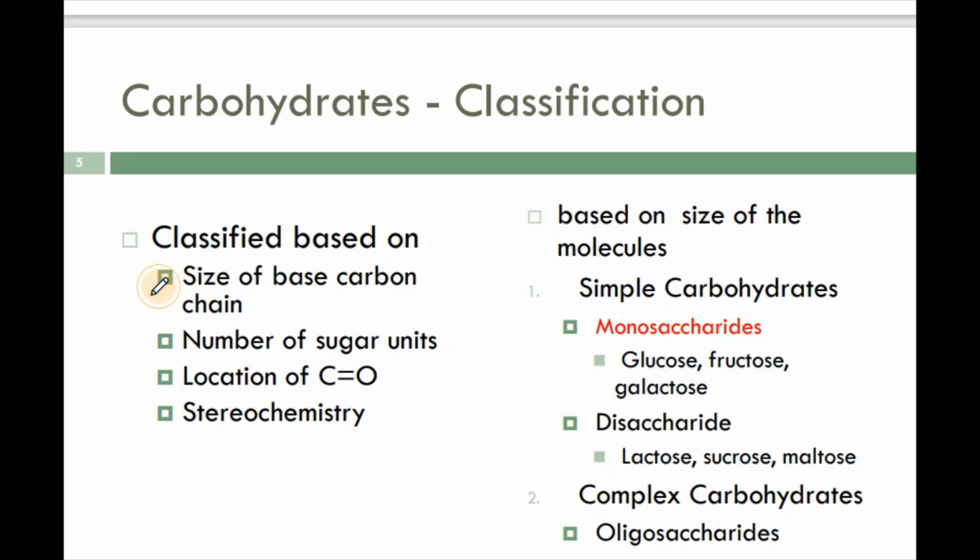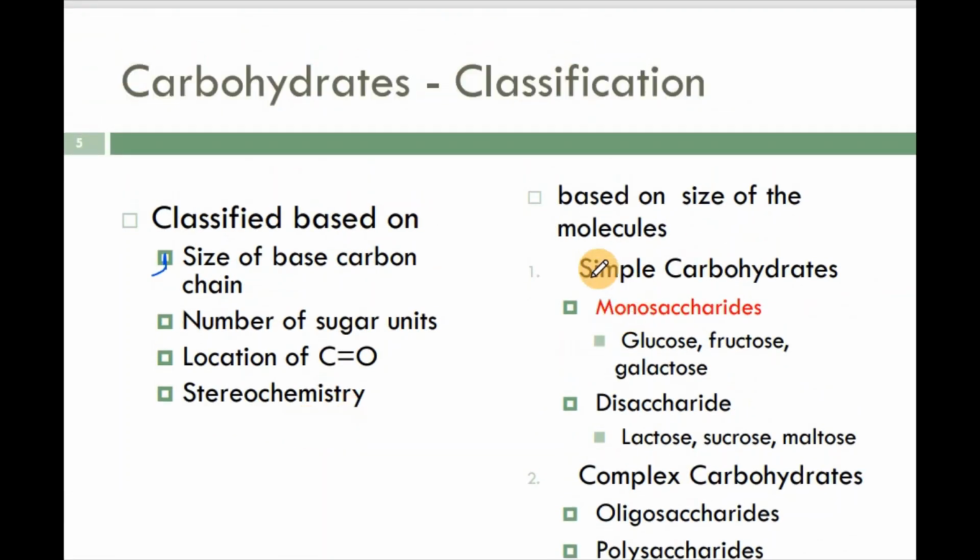The second is based on the number of sugar units, or the number of monosaccharides or monomer units. Then, based on the location of the carbonyl functional group, or whether it is an aldehyde or a ketone, and also based on what we call stereochemistry. So we have four main parameters on which we base the classification of carbohydrates.